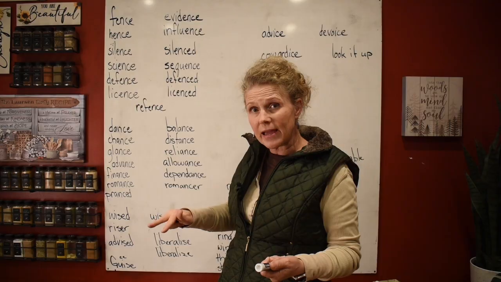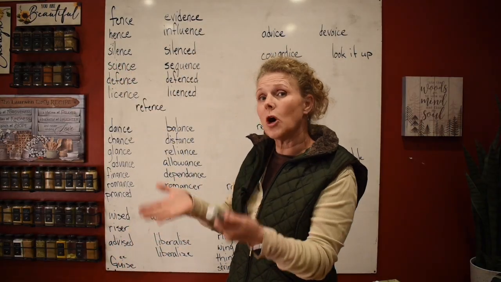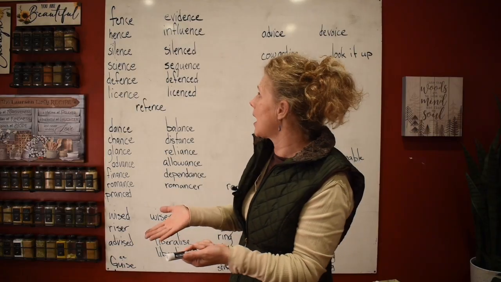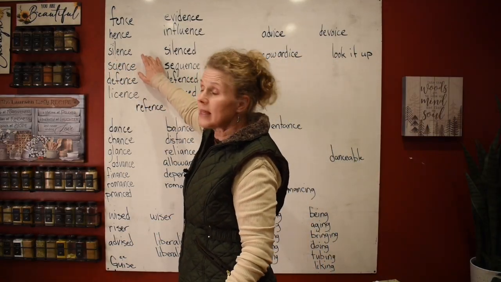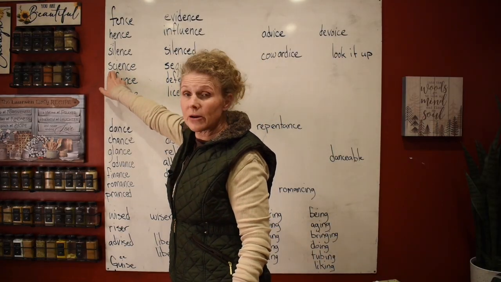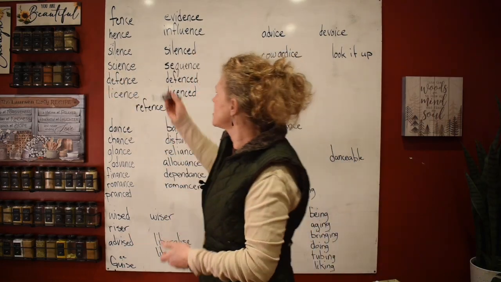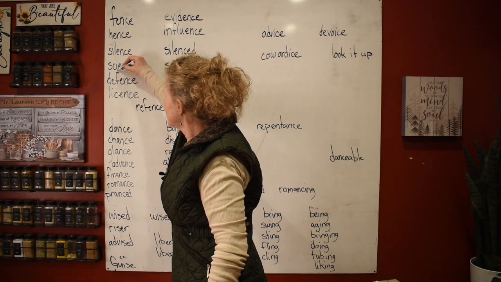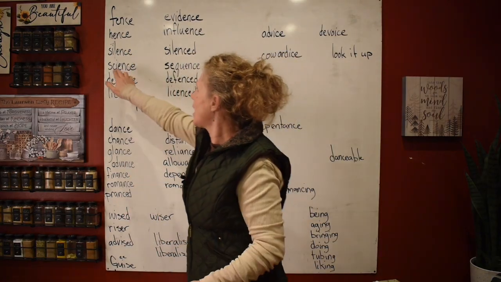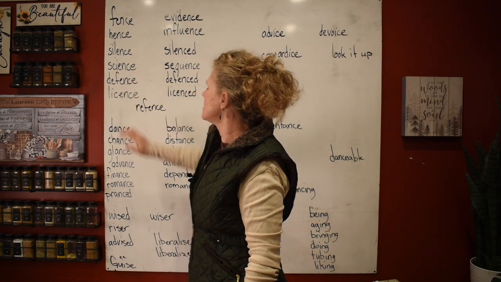Sigh, S-I, because it's open, so it's going to force that I to be long. Silence, silence. Now, see right here, we have an S-C. That means it's Greek, and it's going to say its long I sound. But here we have -ense.